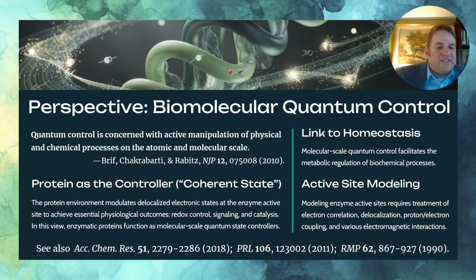So really now the question is, can we think of the protein as a quantum controller? In quantum optics, coherent control defines the use of a classical state to control a quantum state. For example, using a classical field of light, a coherent light field, in order to control some quantum process.